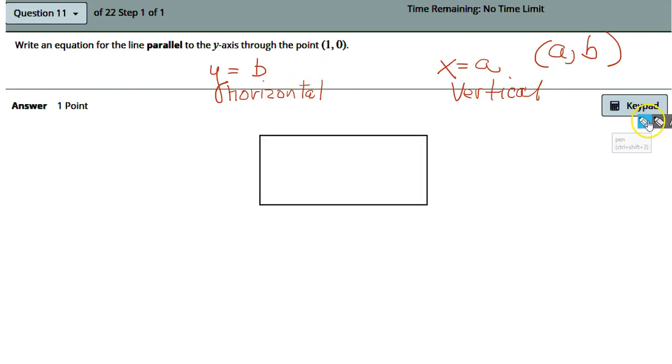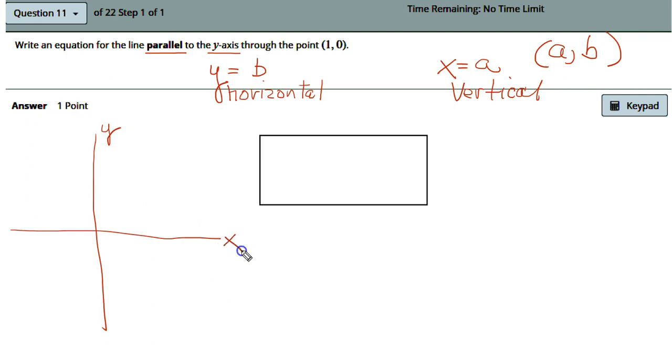Now a review for this question. It says, write an equation of a line parallel to the y-axis. So this is the y-axis. This is the x-axis. They want a line parallel, so it's going to be a vertical line that goes through point 1, 0.